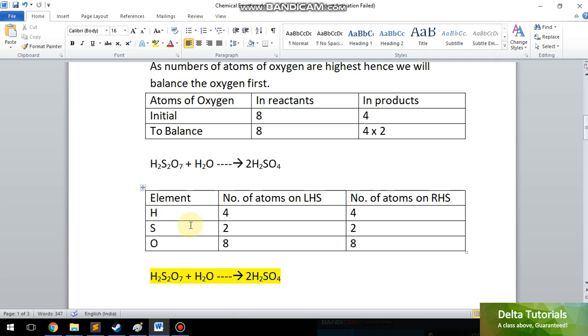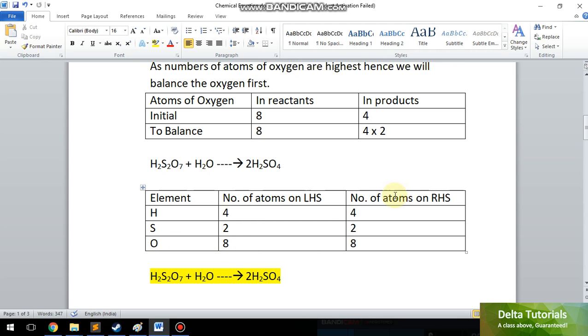Now the remaining element was sulfur. Previously only 1 atom of sulfur was there on the product side, and after balancing oxygen, because of this 2, see, we are having 2 atoms of sulfur on the product side also. So in this way our chemical equation has been completely balanced.